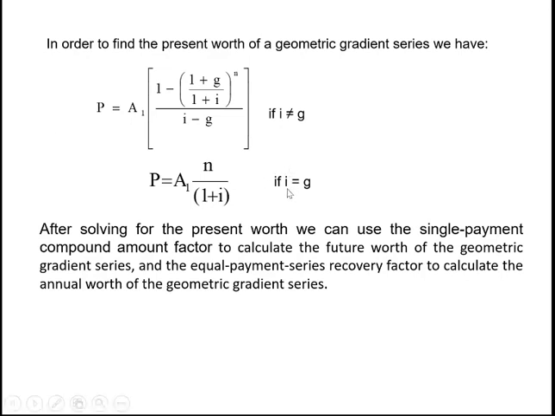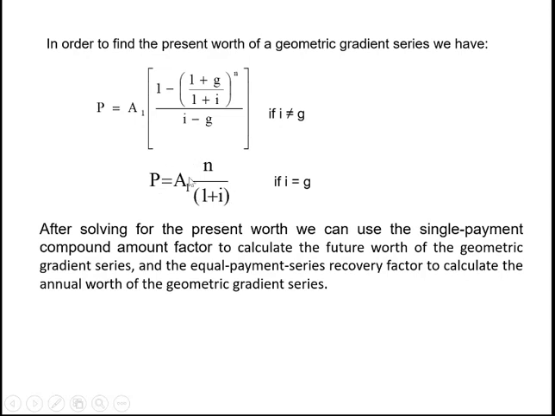When i equals g, we use this formula to calculate the present worth of the geometric gradient series: P equals A1 times n divided by (1 plus i).